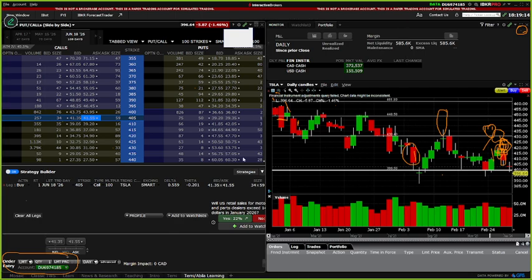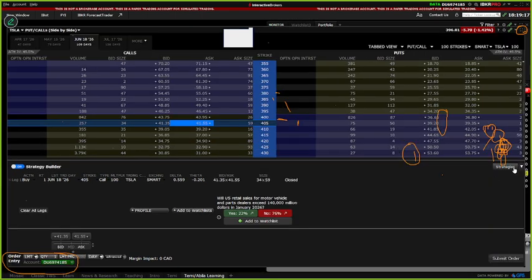Can you make that thing bigger? See how it's showing. Can you see? Oh, I think you have so many things open there. Clear all legs. Clear all legs. Please be mindful of that, because you're about to buy so many right now.